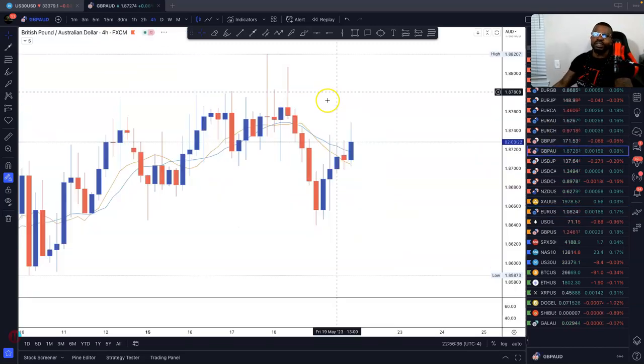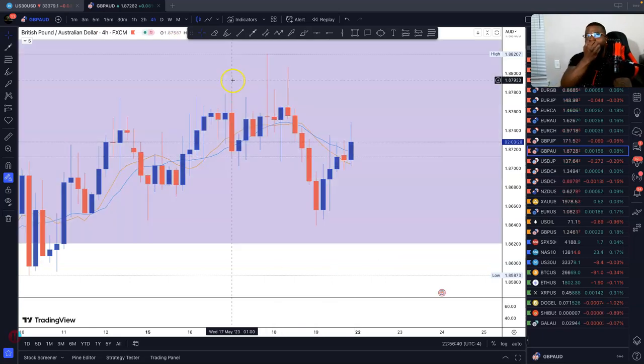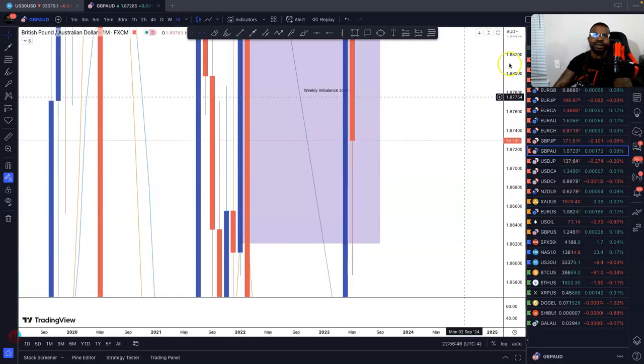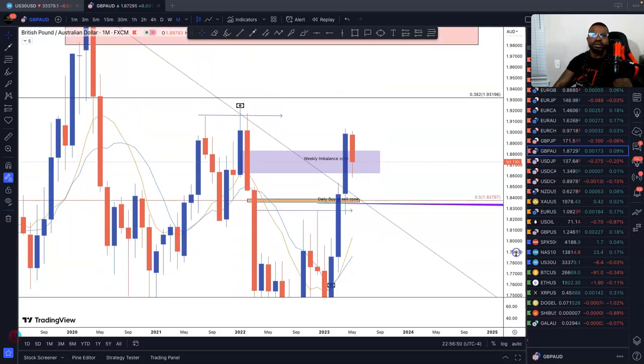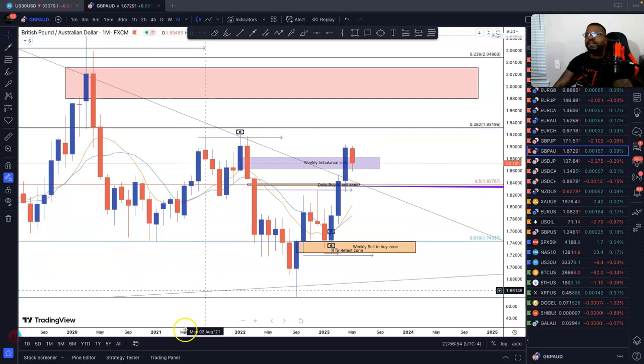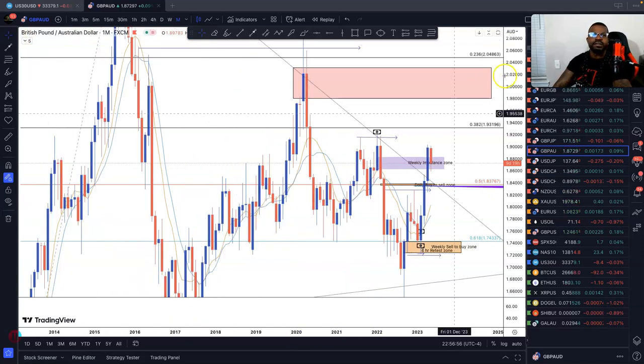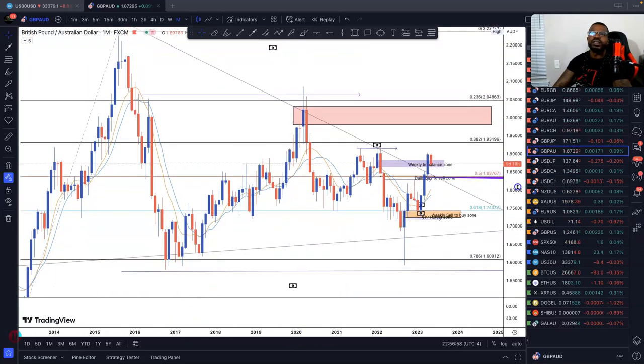Pound AUD. First thing first, let's go to the higher time frames to figure out exactly what is going on. Okay.